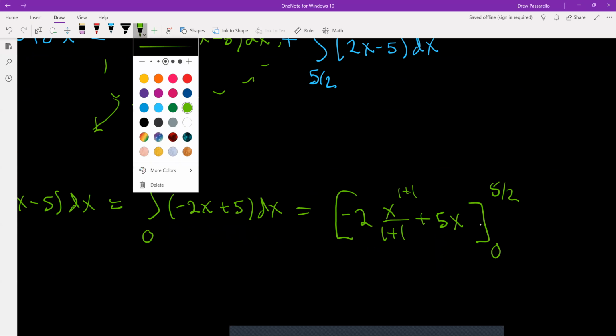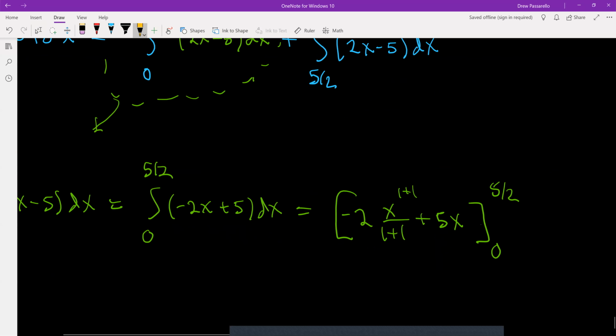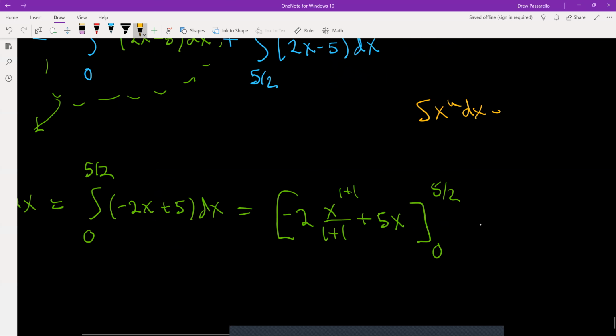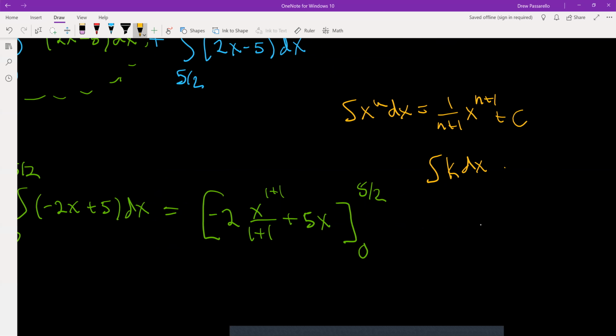Again, I'll just write the rules. So I applied the power rule. And then for the 5, I guess you can call it the constant rule. Integrating a constant k turns into just kx plus c. So in this case, k was 5.